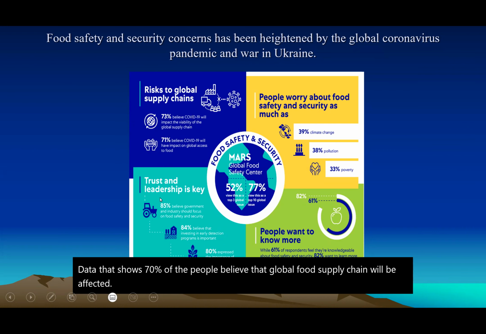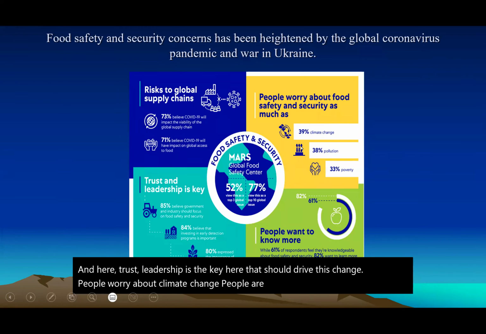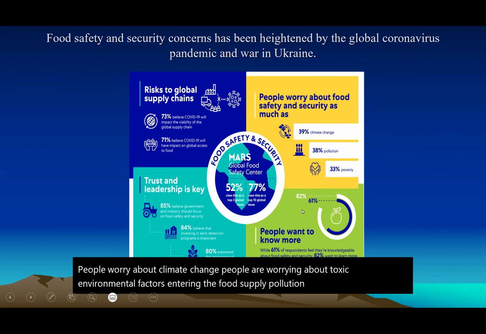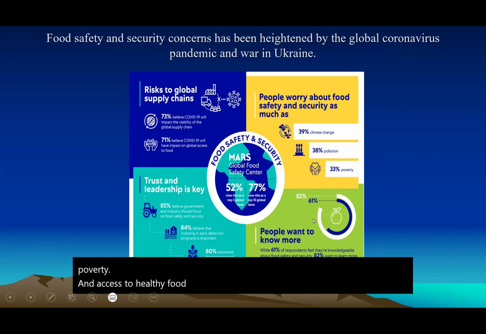And here, trust in leadership is the key that should drive this change. People worry about climate change. People are worrying about toxic environmental factors entering the food supply, pollution. We worry more about poverty and access to healthy food for optimal health.